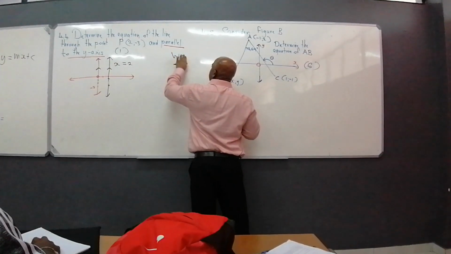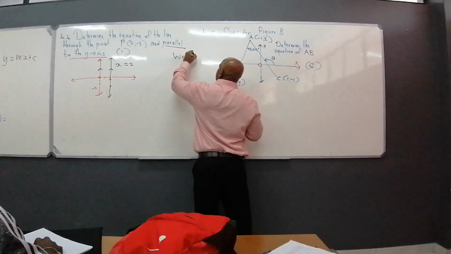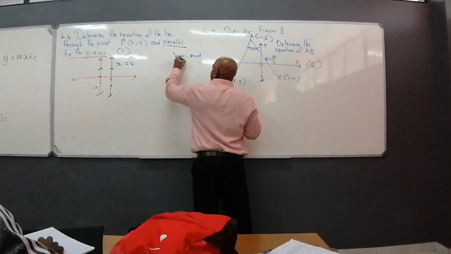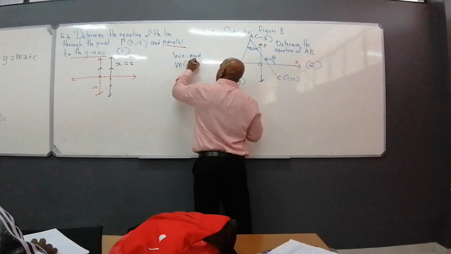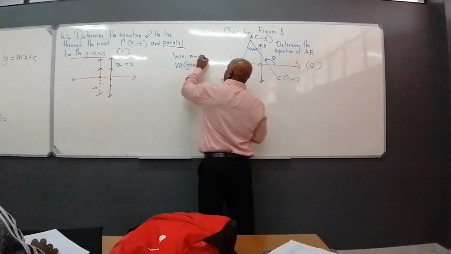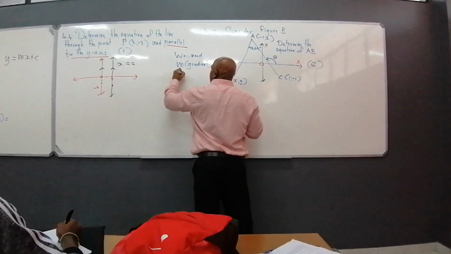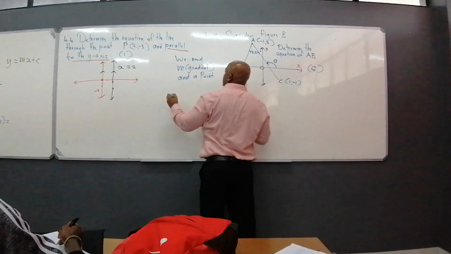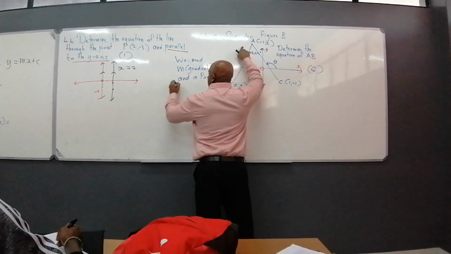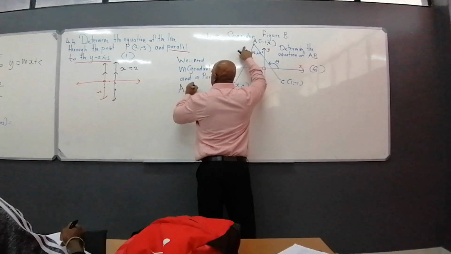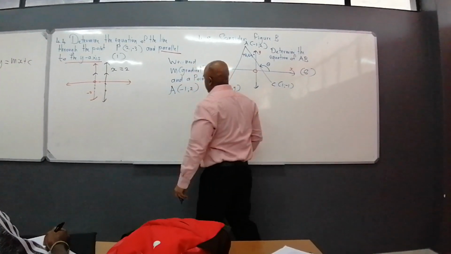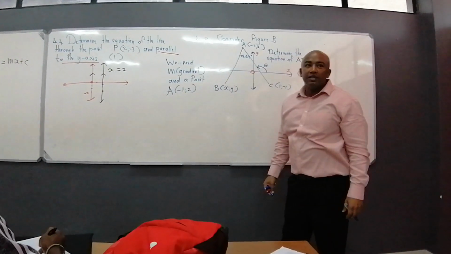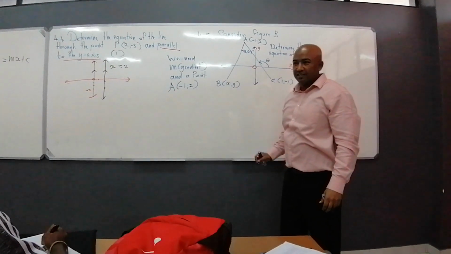So let's just write that down. We need m, which is the gradient, and a point. So we have point A, which is (-1, 2). The problem is we do not have the gradient.